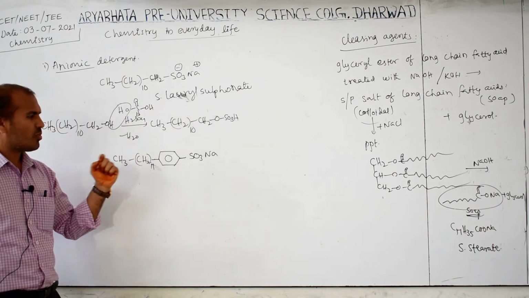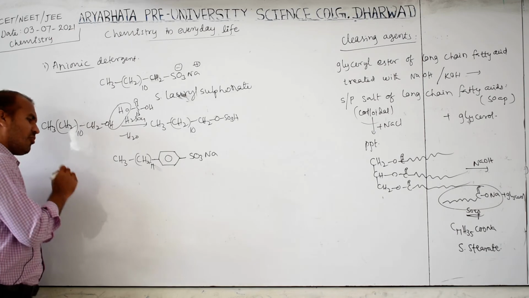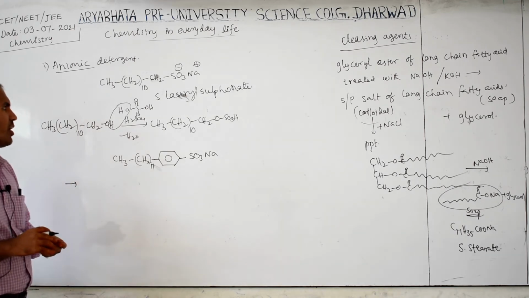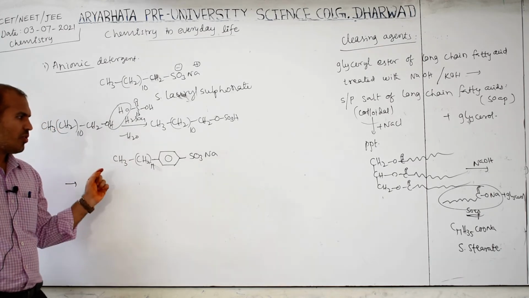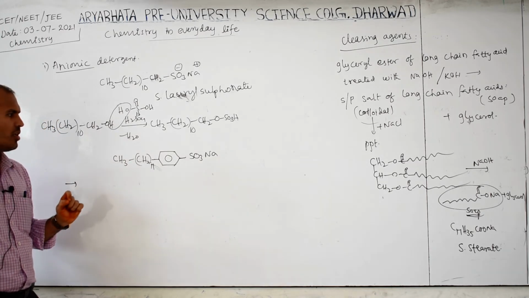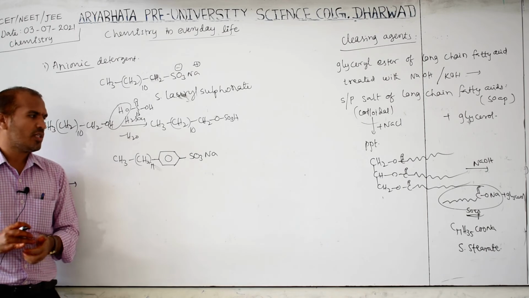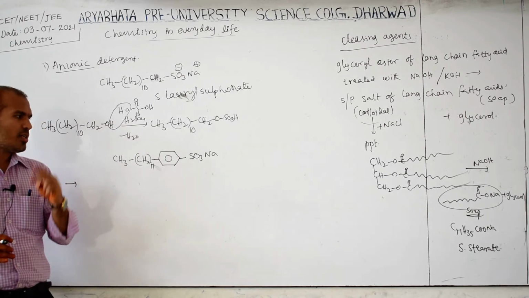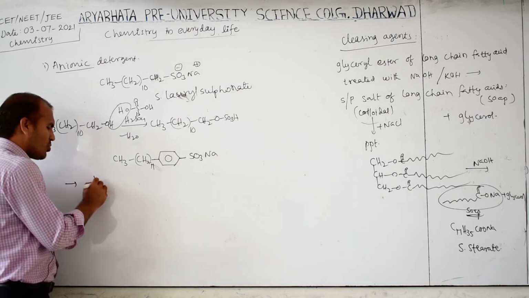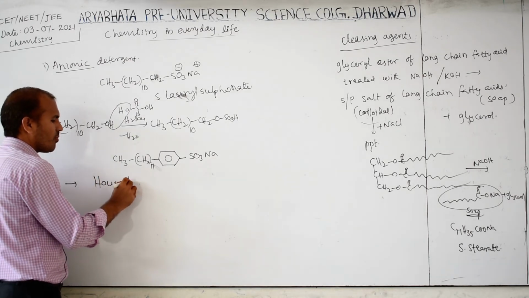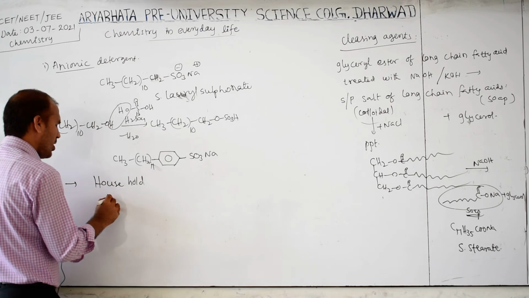These are the two examples given. Keep in mind, formulas 1 and 2 are very, very important. These are useful for household purposes. The uses to remember for these anionic detergents are household purposes and also toothpaste.